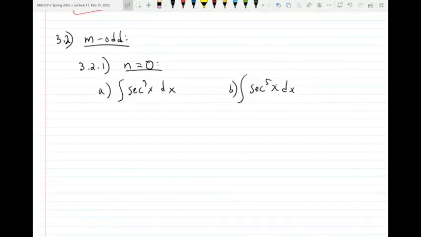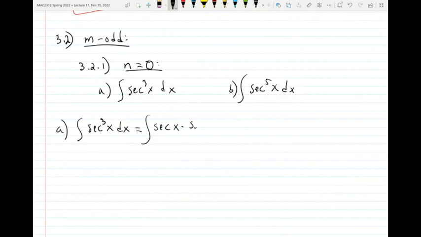The power odd. So the next case would be secant cube. Any ideas? Okay, let's see. So we take out one secant: secant of x times secant squared. And then what do you do? How would that help you?